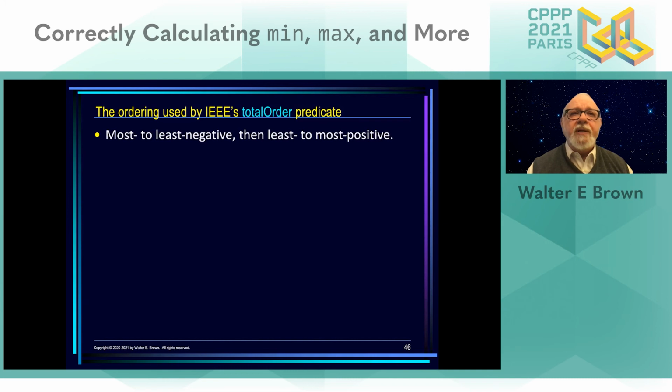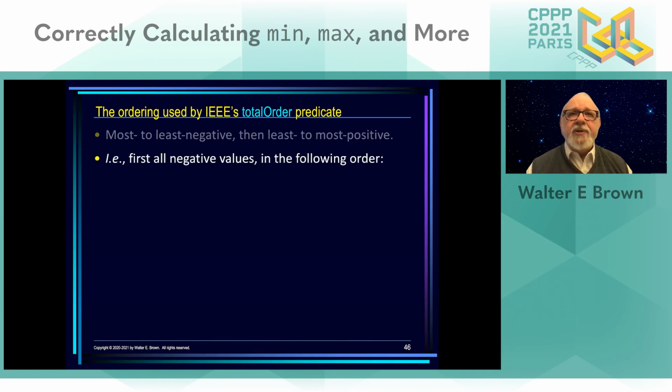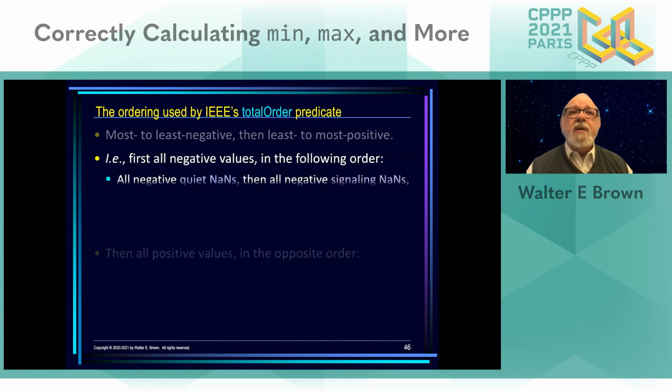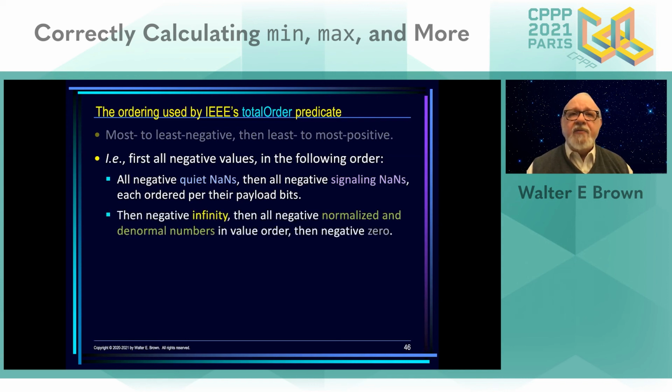But within those groupings, first all negative values, of course, then all positive values in the opposite order. Within the negative values, first we have all the negative quiet NaNs, then all the negative signaling NaNs, and they're each ordered according to their payload bits. Then comes negative infinity, then all the negative normalized and denormalized numbers in order of their value, and finally negative 0. And that completes the negatives.